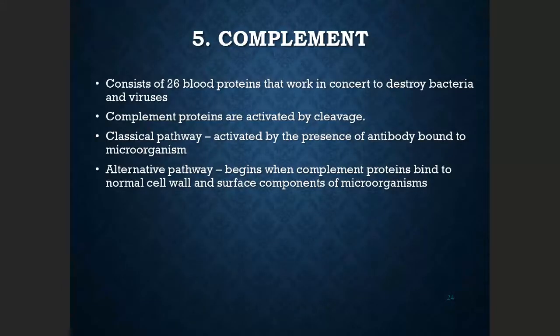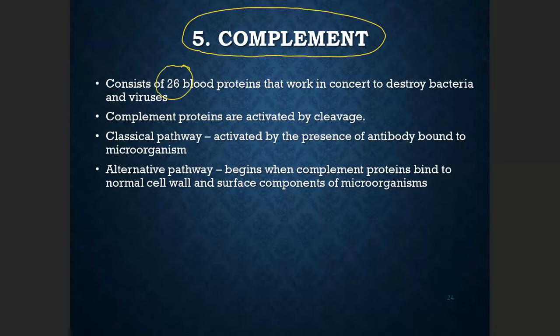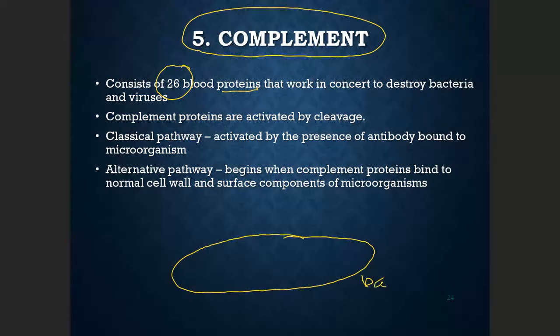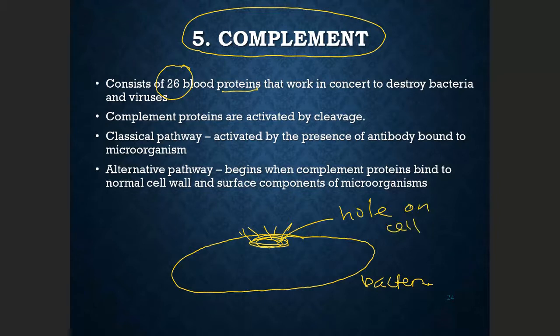The last one for the second line of defense is called the complement system. It consists of about 26 proteins that we produce, and these proteins will destroy bacteria. Let's say this is a bacteria. These 26 proteins will attack this bacteria and make a hole in the cell wall.